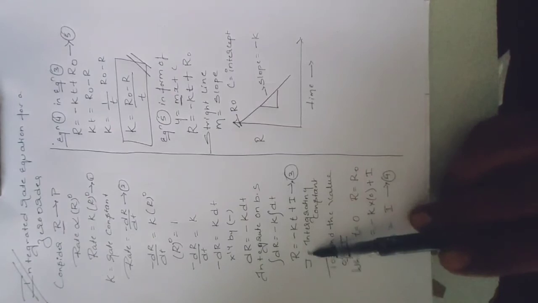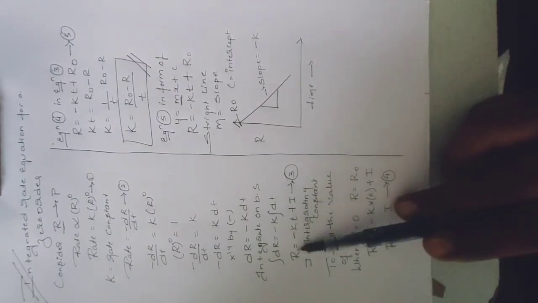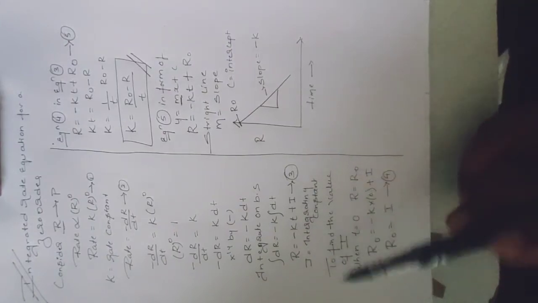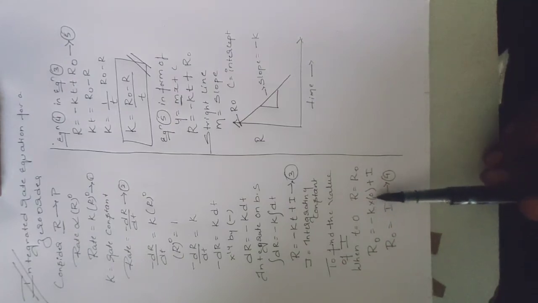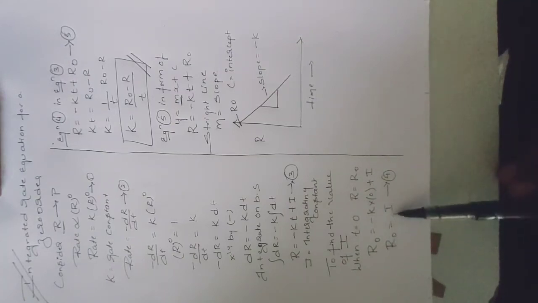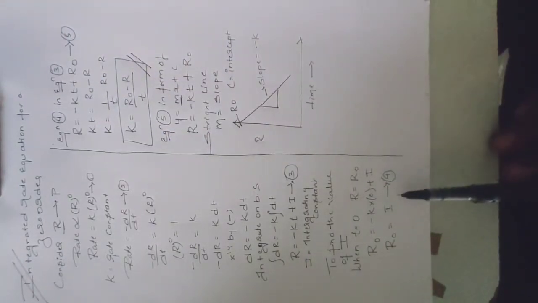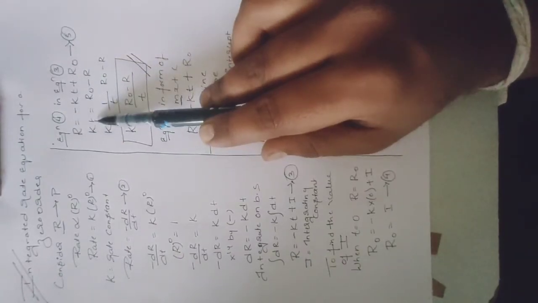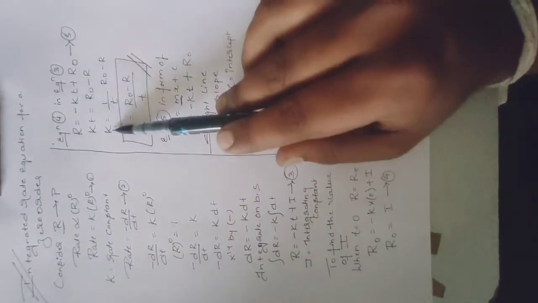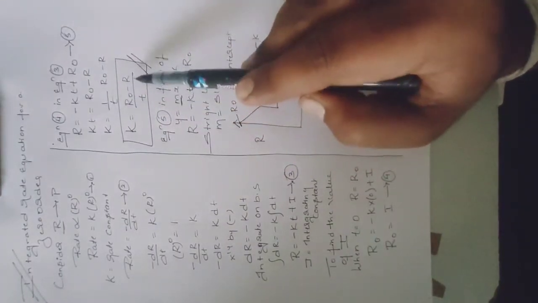To find the value of I, we take t equal to 0 and r equal to r naught, then r naught is equal to minus k into 0 plus I. We get r naught is equal to I. If you substitute equation 4 in equation 3, we'll get r is equal to minus kt plus r naught. If you rearrange this, kt is equal to r naught minus r, k is equal to 1 by t, r naught minus r, so k is equal to r naught minus r divided by t.